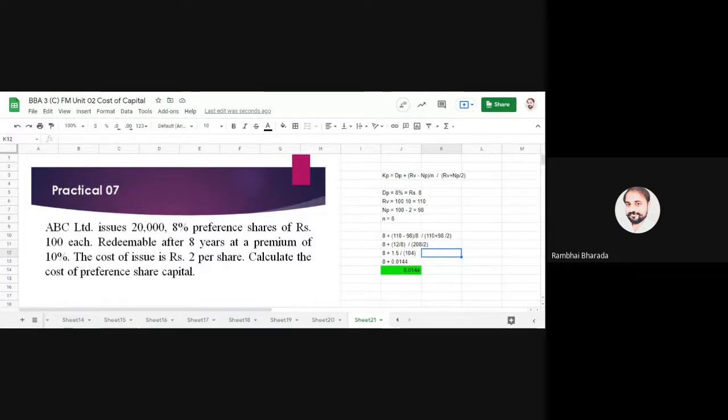Now, this is your line, and above that we have RB minus NP upon N. Are you getting my point? And here we have RB plus NP upon 2.